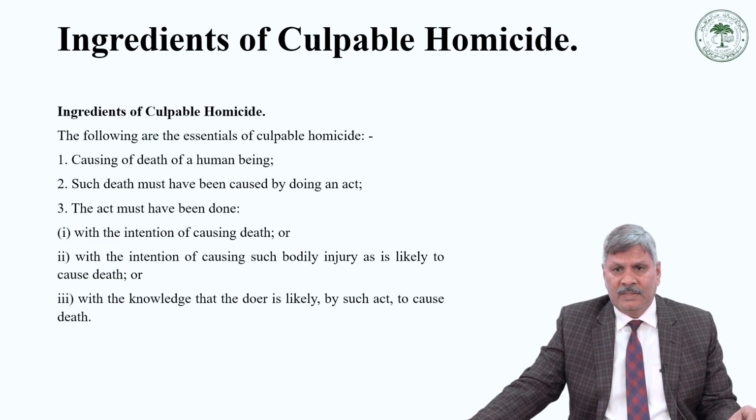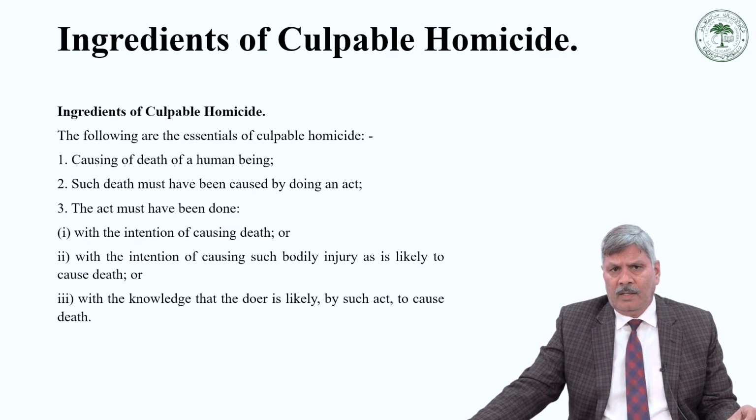An omission is illegal if it be an offence, if it be a breach of some direction of law, or if it be such a wrong as would be a good ground for a civil action. Therefore, death caused by illegal omission will also amount to culpable homicide.